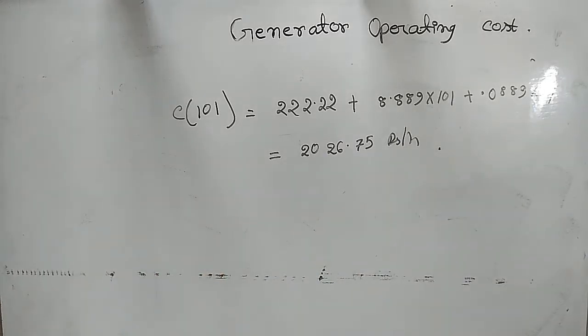So in case of approximate cost, it was 2026.67 rupees per hour, and by using quadratic approximation, the fuel cost at 101 megawatt is 2026.75 rupees per hour. The cost calculated approximately is very close to the cost calculated by using quadratic approximation.